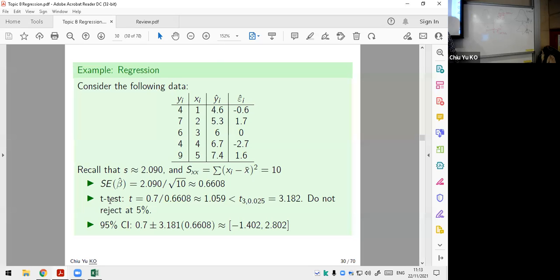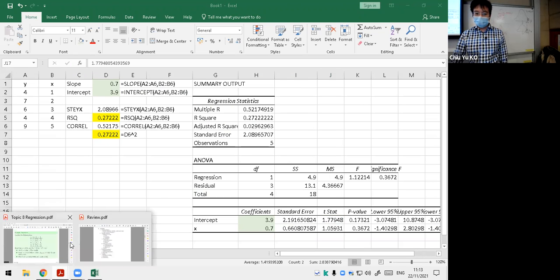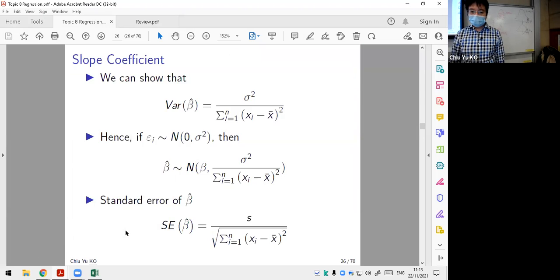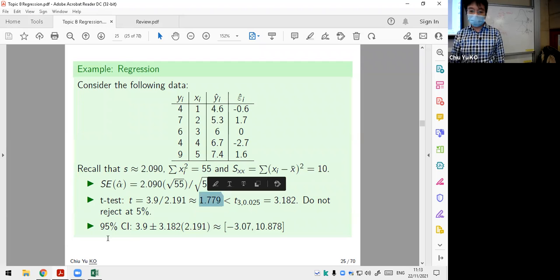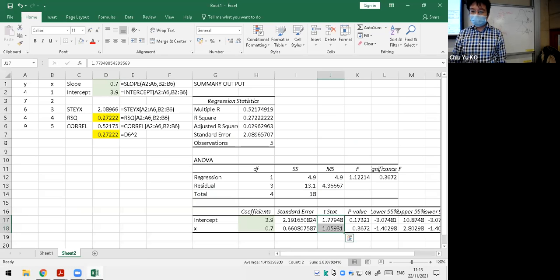Okay, it's there. And then the T-stat 1.7 and 1.05. Again, it's very simple. It's there, right? 1.059, the T for the beta. And the T for the alpha is also 1.779. It's here. Okay. So you can see everything we said in the class is here.